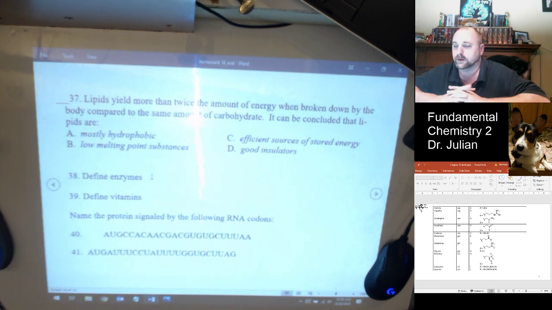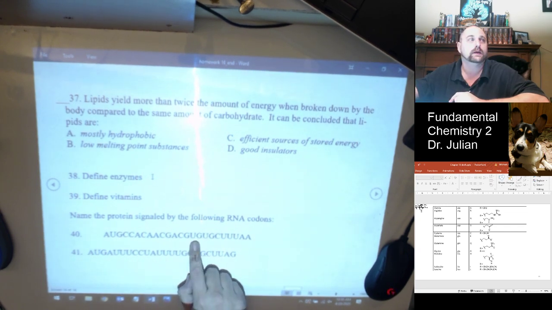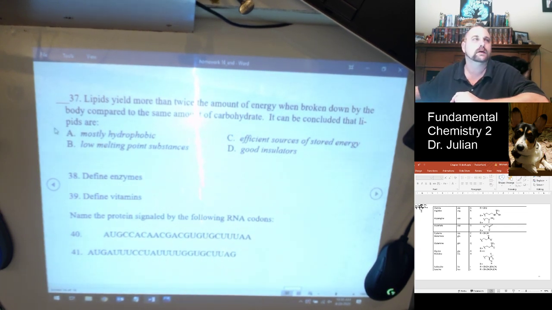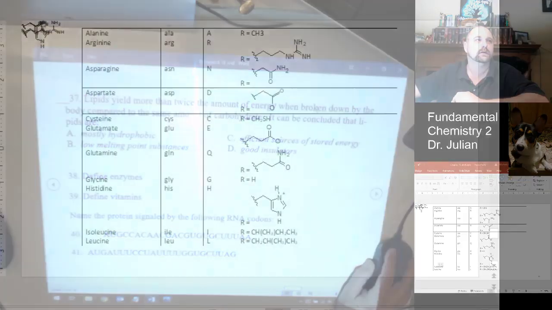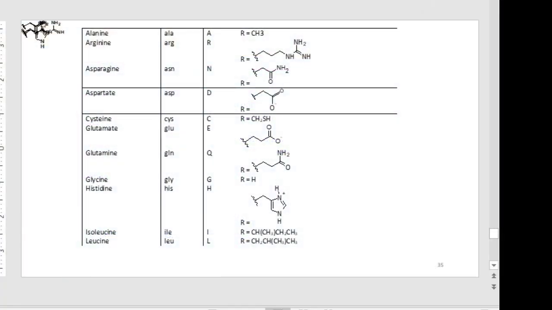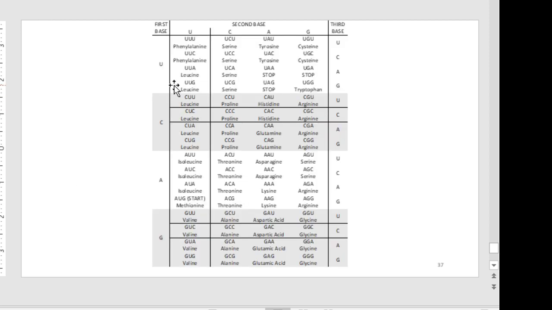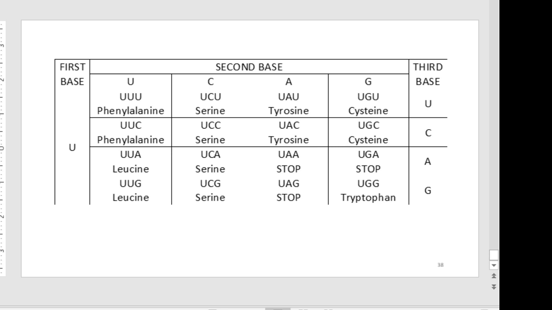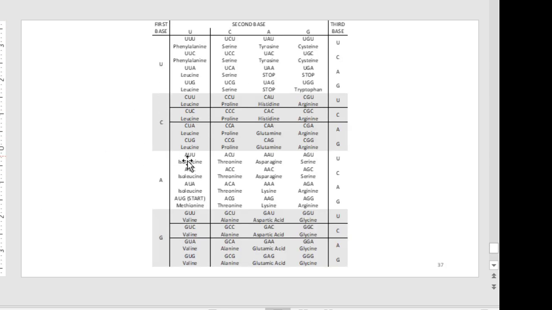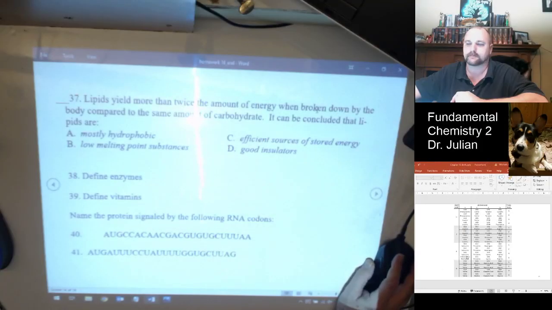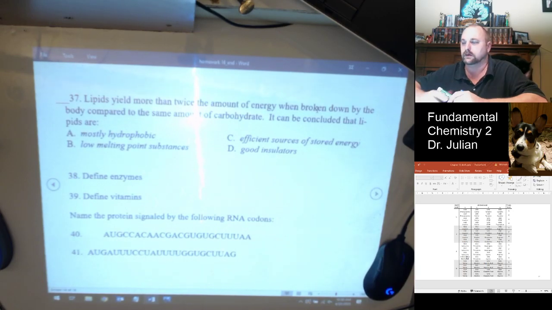RNA codons. We need a handy sheet for this, so I'm going to go to this sheet. If I zoom in, that's what it looks like. I'm going to be referring to that, and the key to this is to split them in three.